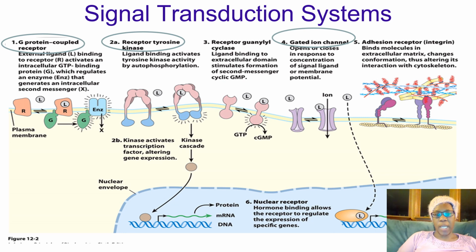So the ligand binds, and that causes a conformational change that allows ions to go in or out of the cell. So again, we are going to become familiar with just 3 of these signal transduction systems: the G protein coupled receptor, the receptor tyrosine kinase, and the gated ion channels.